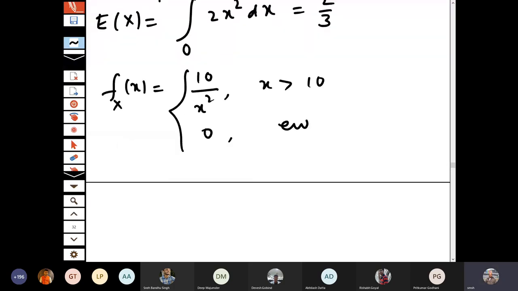So let us consider another example. Here the density is 10 by x square for x greater than 10. So it is something like this. I should make it in a bigger area.